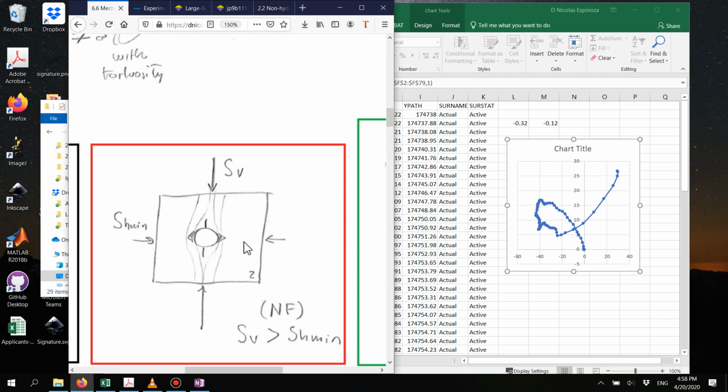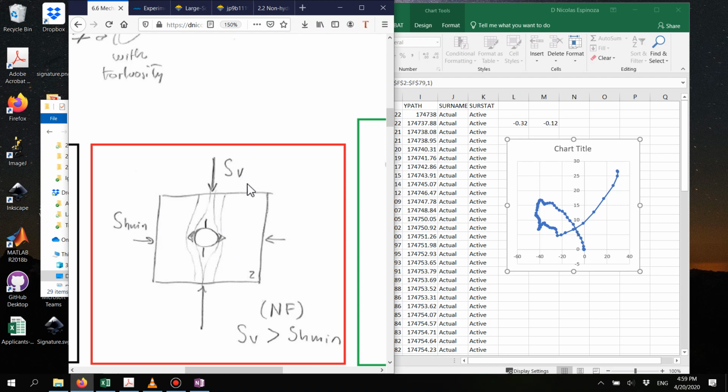So far, we have seen how we apply this condition and the knowledge about tensile-induced fractures and breakouts to a horizontal wellbore. If you wanted to use, for example, the Kirsch equations for a horizontal wellbore, the only thing that you have to do is to replace the stresses with these two stresses.